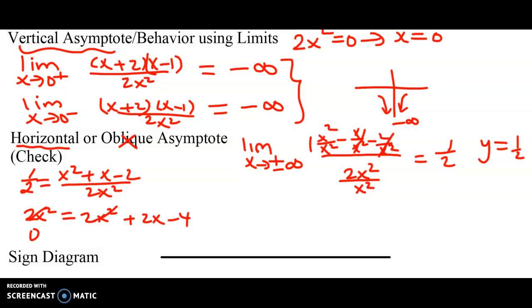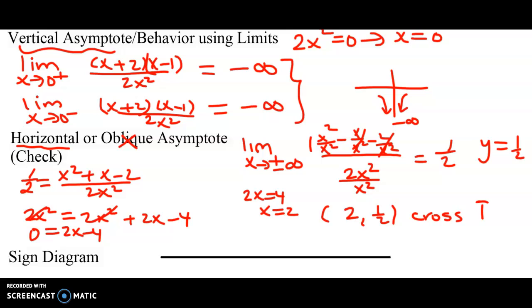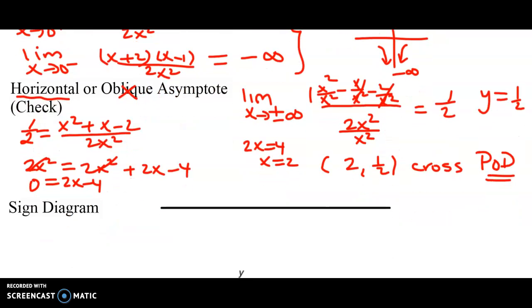The x squareds cancel and you end up with 2x minus 4. So this gives us 2x equals 4, so x equals 2. So I know the graph is going to cross at this point, but this point actually is also where my POD is. So when it crosses, you have to show that there is a hole at that coordinate.